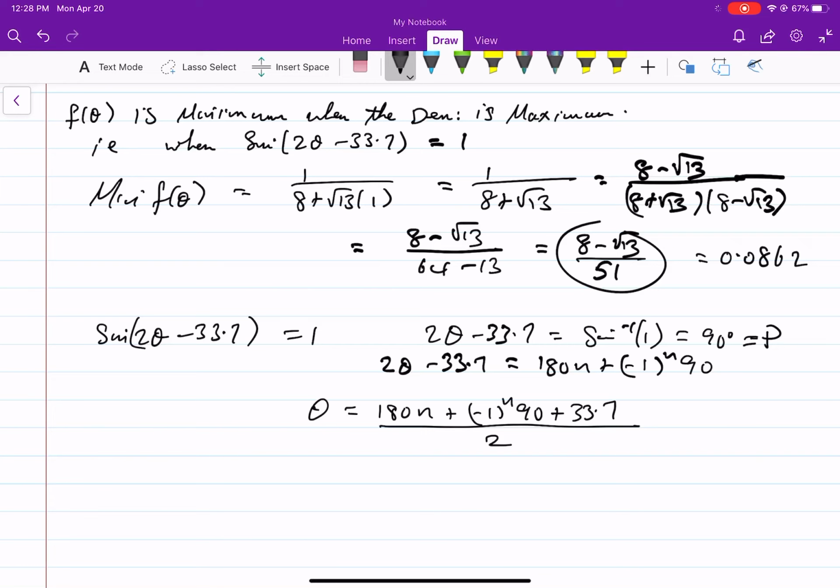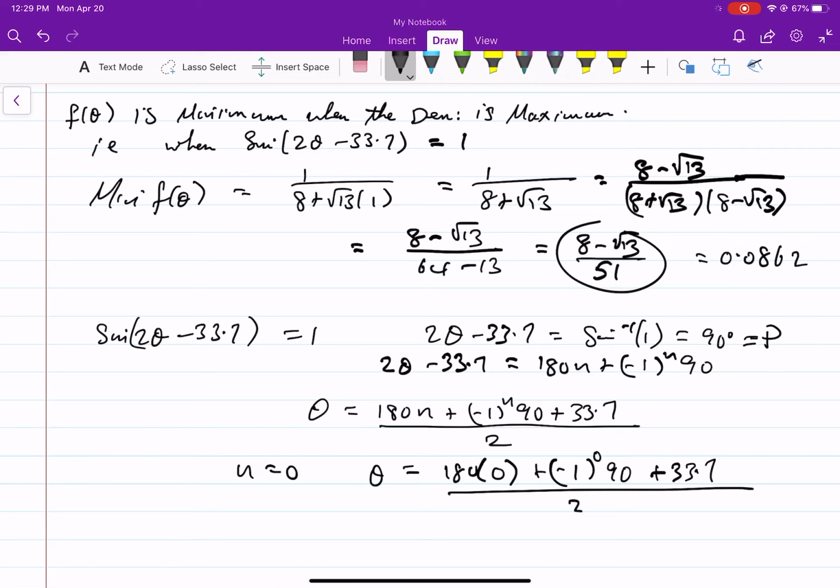Yes, so when n is 0, theta is equal to 1/8 times 0 plus minus 1 to the 0 times 90 plus 33.7 all upon 2.